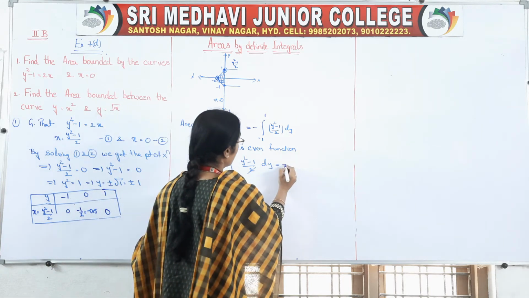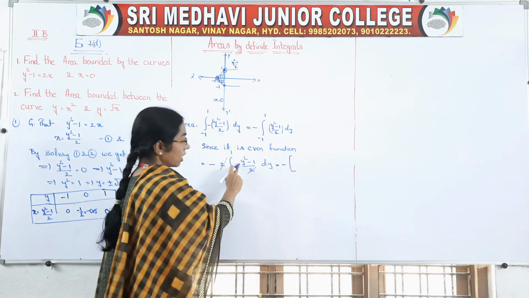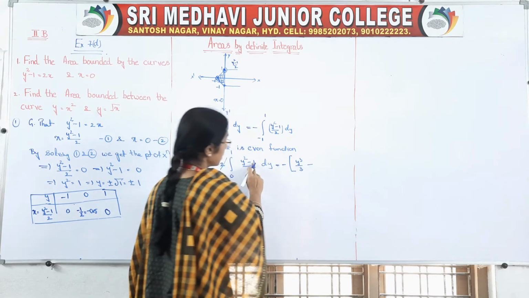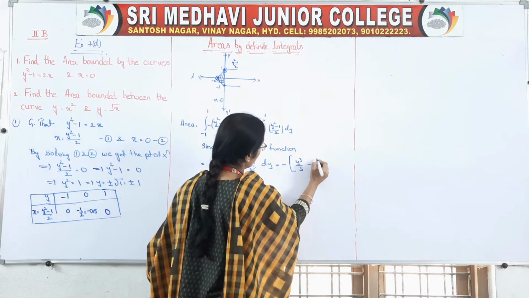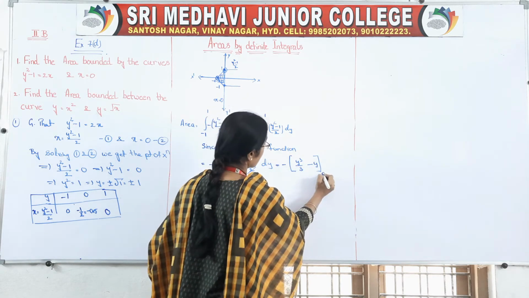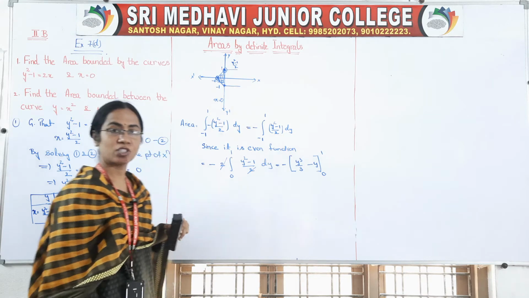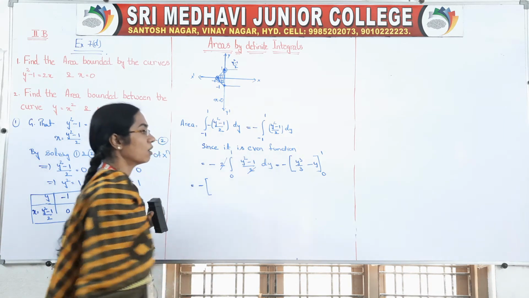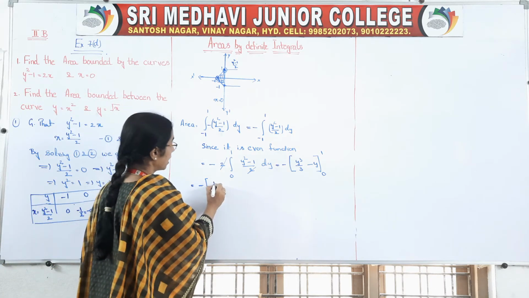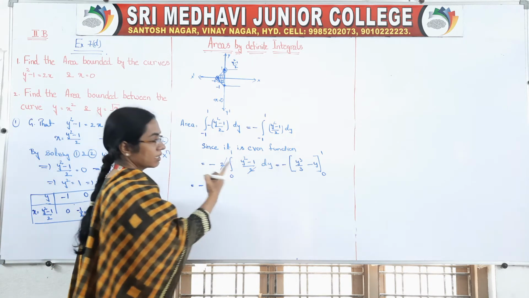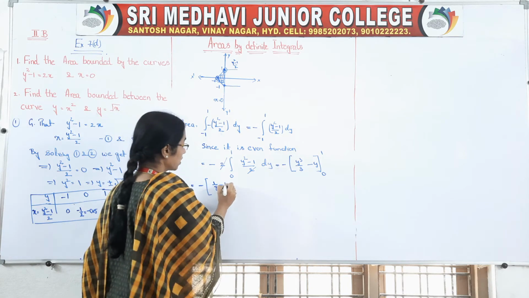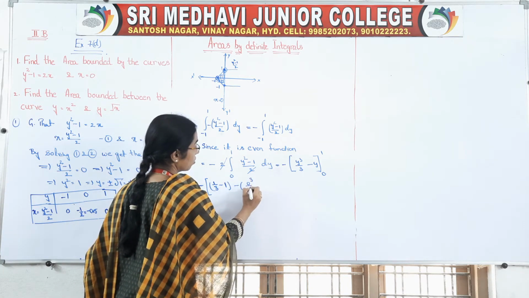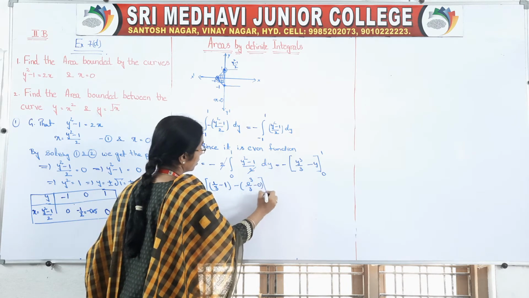So it is minus outside, the integral of y square is y cube by 3, minus the integral of dy is y, and now take your limits 0 to 1. It is equal to minus of 1 cube by 3 minus y, substituting the upper limit minus the lower limit 0 by 3 minus 0.